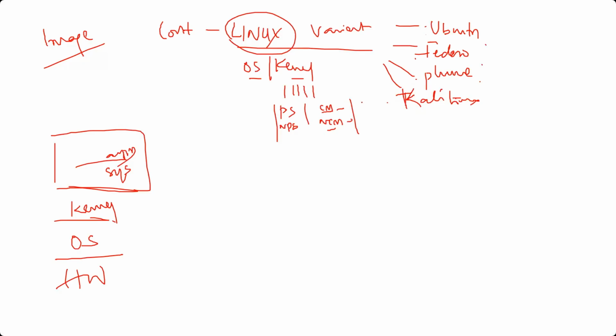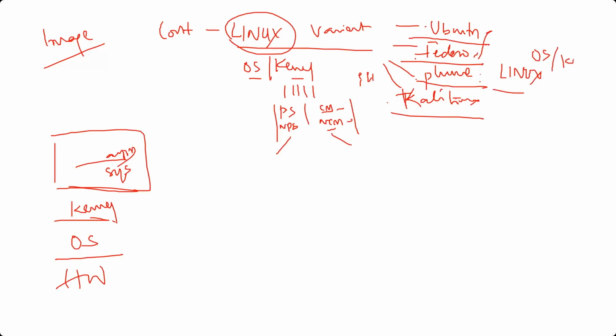Different developers thought there were better ways to do process management and memory management, and created their own versions of operating systems. So Ubuntu, Fedora, Plume, Kali all have the same underlying Unix OS architecture; only some additional logic for memory allocation and process management is different.